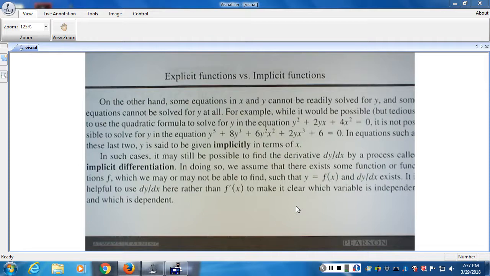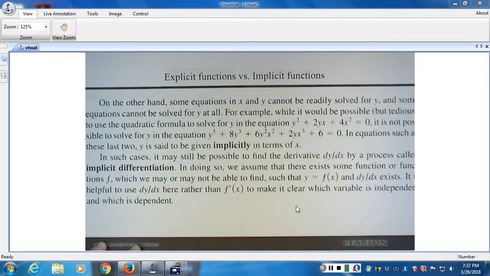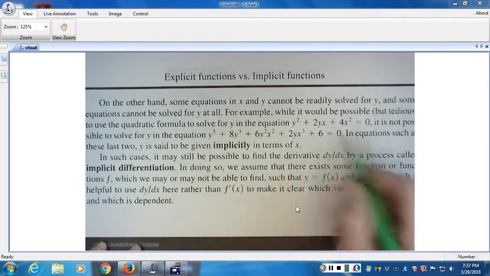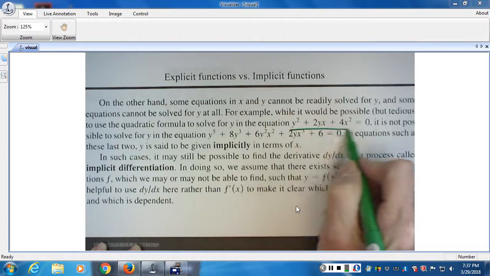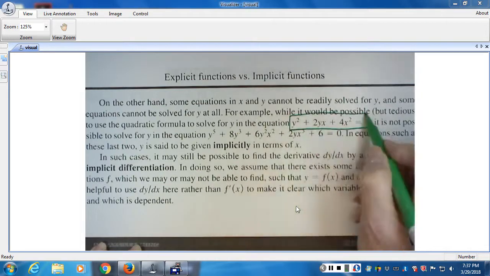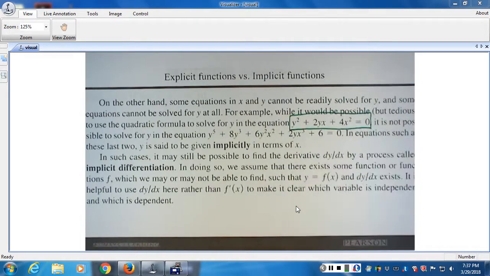Some examples of those: it wouldn't be that hard to solve this equation for y because you could use the quadratic formula. It'd be a little ugly, but we could do it.